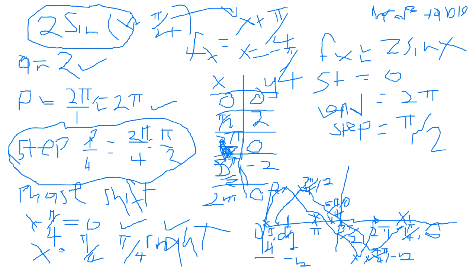When I add pi over 4, I get 3 pi over 4. You understand me? So if it is to the left, then this time you subtract. So the graph can shift to the left. Am I making sense to you? Okay, now I get you, sir. Okay, good. Thank you.